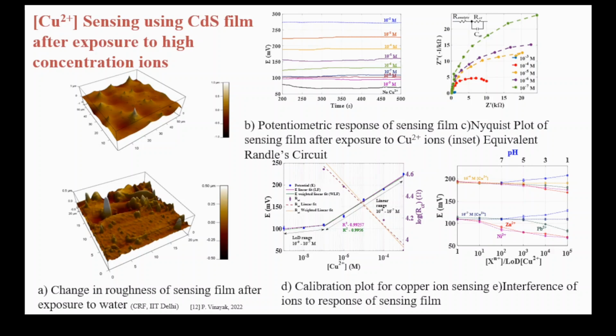The CdS film was forming a copper sulfide film on the top, and the interaction between the copper ion in the electrolyte solution and my surface was not between CdS and copper, but on the copper sulfide and CdS heterostructure which was forming as the response of the reaction of copper with cadmium sulfide. So in that case the Nyquist plot helped us understand the change in the stoichiometry of our sensing film. We were able to understand it in the form of R and C circuits.